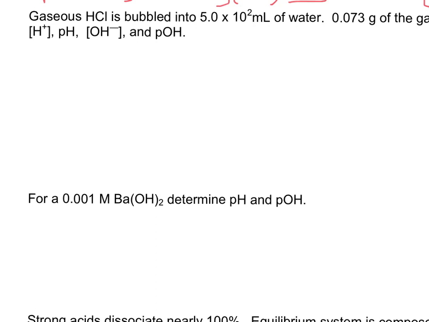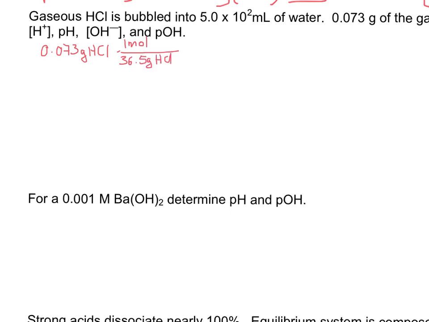So first thing, we're going to convert our grams into moles of HCl. So we have 0.073 grams of HCl. 1 mole of HCl is 36.5 grams of HCl.